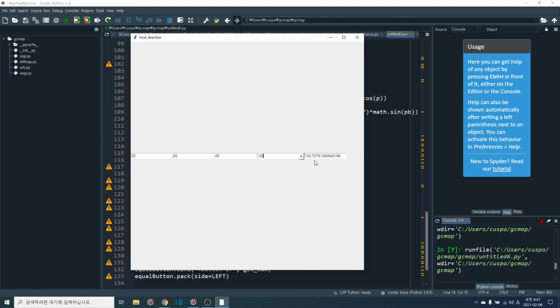That means 76. 76 degrees we can get and go.